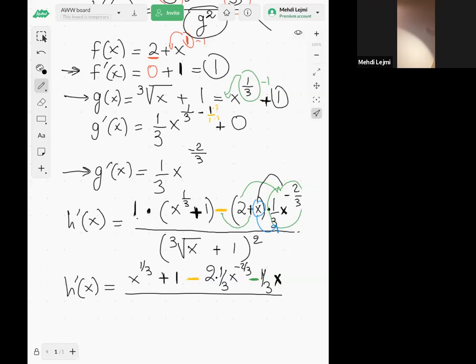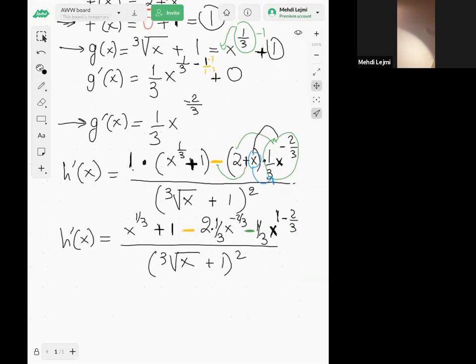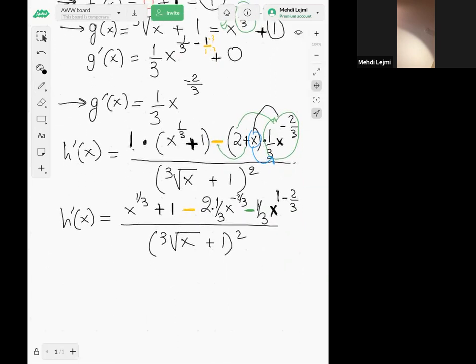So it's 1 minus 2/3, and the denominator, of course, is the same thing, plus 1 squared. So 1 minus 2/3, with the common denominator, that will be 1/3, right?